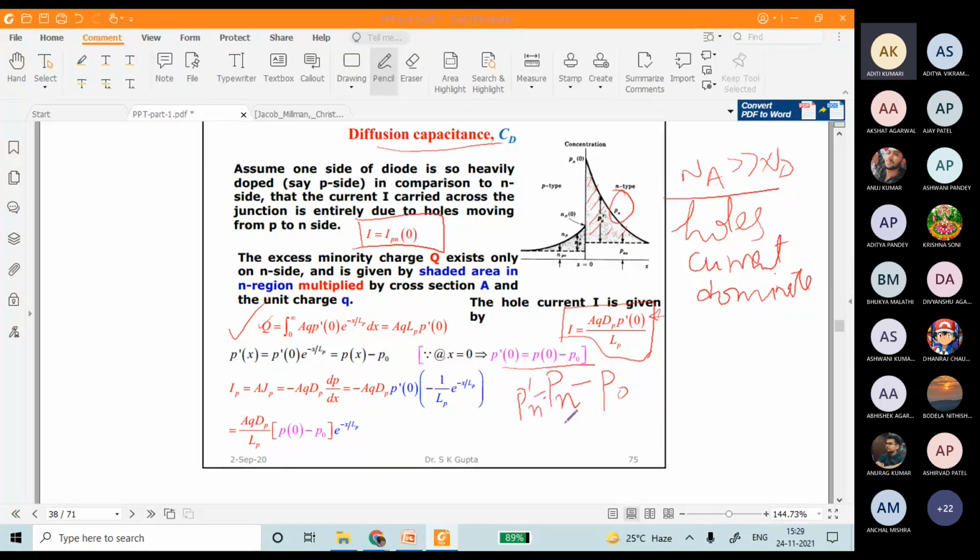This value at x equal to 0 is p0, and this p0 is ni square upon nd.